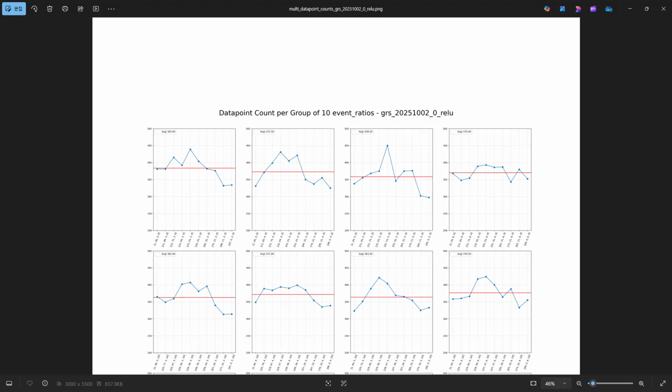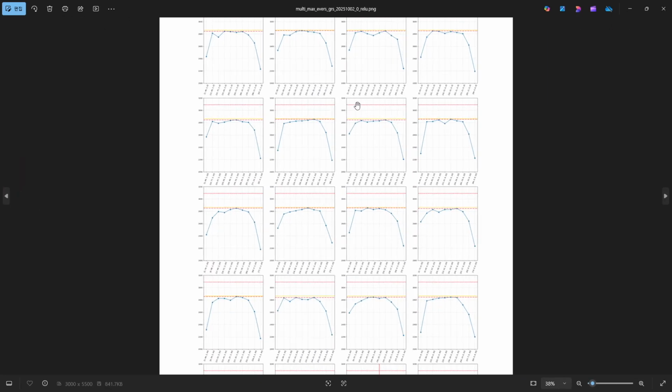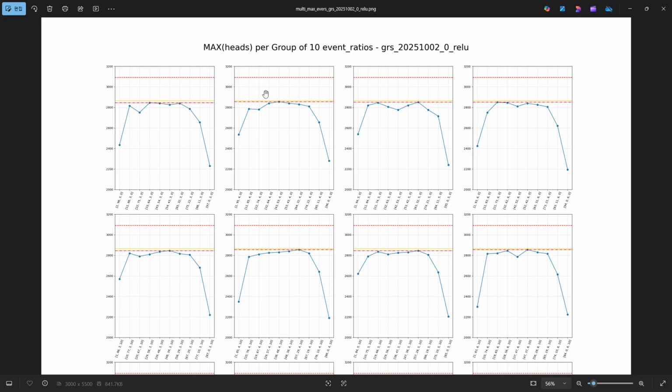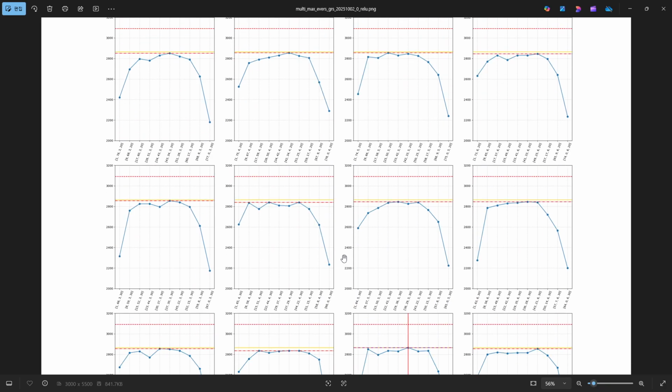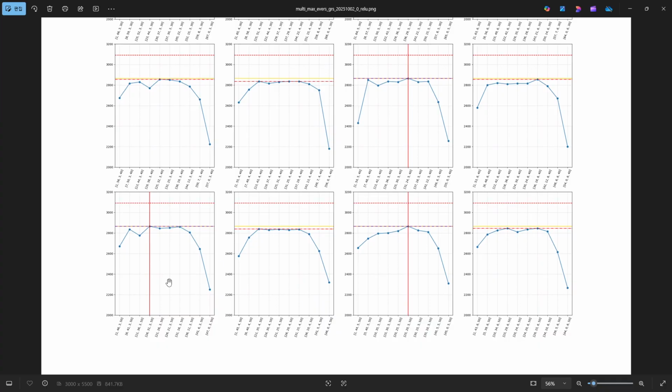let me just bring up this one. If you remember this, this is for the max of heads, or maximum of maximum evers, max of max evers, and here I remember having said that it's all concave shaped, and the red lines meaning that this is when the true ceilings happened, these 3.